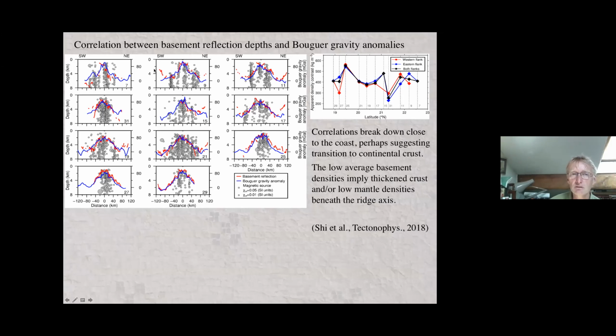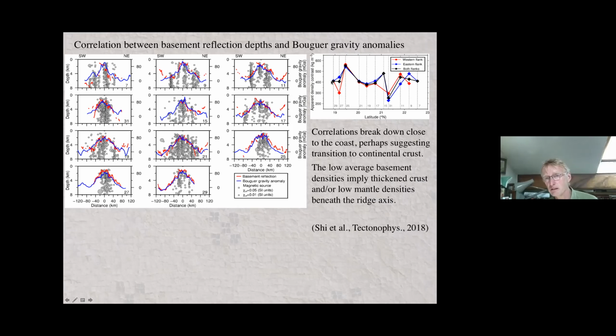So this is a clue that there's a different density structure nearer to the coast, which we think is stretched continental crust mainly. What I'm showing here is the implied density contrast by these correlations. It's actually a bit lower than we would expect, for example, gabbro with evaporites.